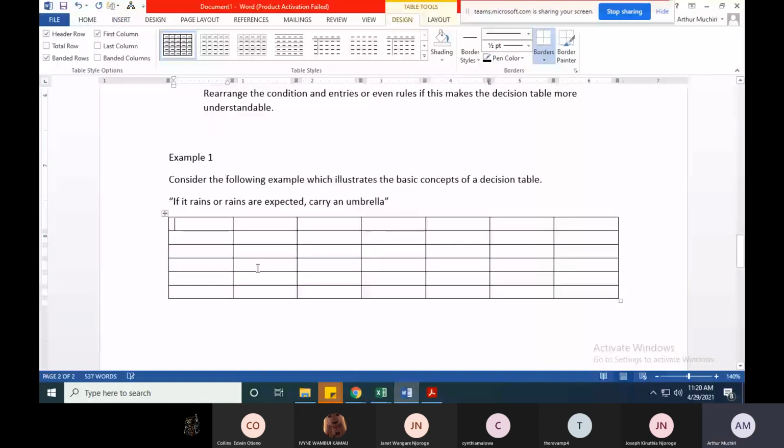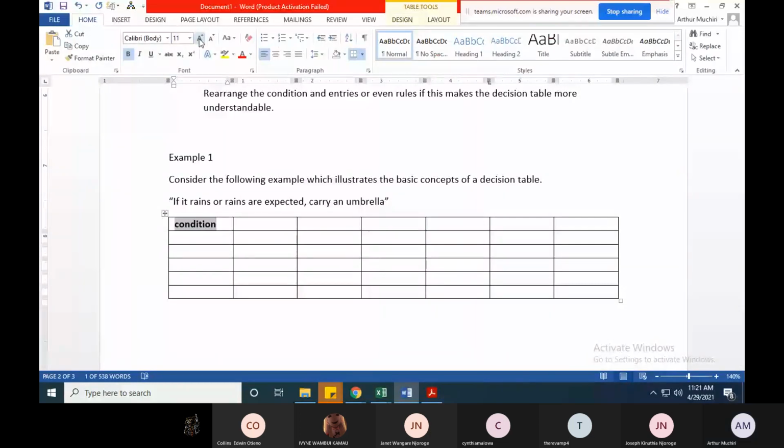So there it is. We can first of all, so we have a condition, and then we have, so here we have condition. So how many conditions do we have? This one we can put in capital, or bold it and then make it capital. We have two conditions.